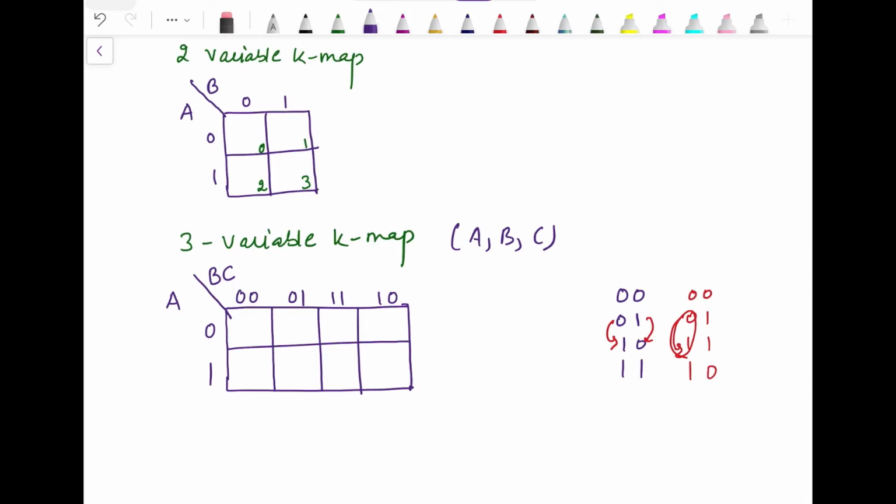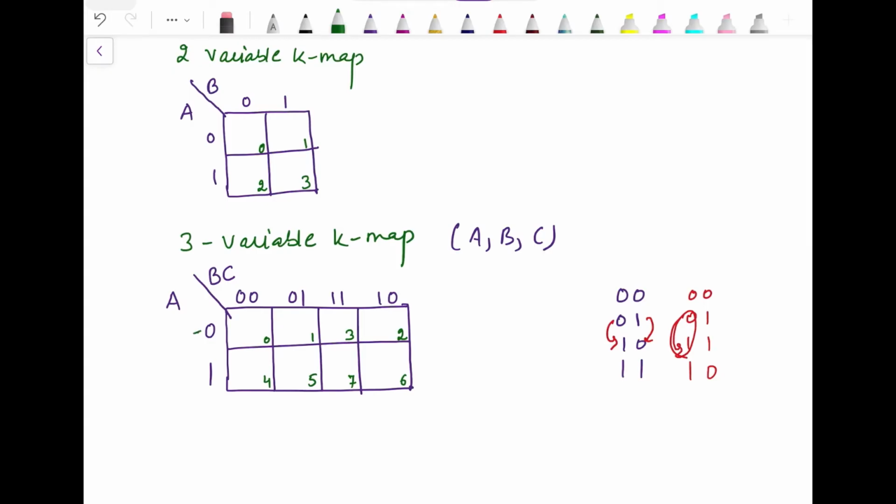Now let's write the different minterms. A0, B0, C0, this is minterm 0. A0, B0, C1, minterm 1. A0, B1, C0, this is minterm 2. A0, B1, C1, this is minterm 3. A1, B0, C0, minterm 4. 101, minterm 5. 110, minterm 6. And 111, this is minterm 7.